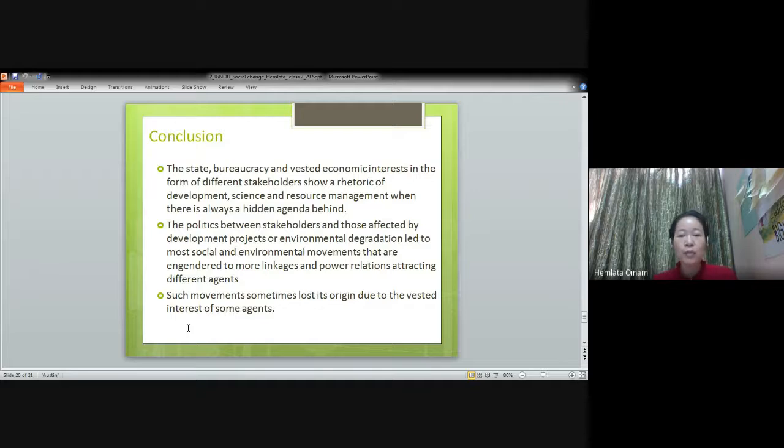The politics between these stakeholders and those affected by development projects or environmental degradation led to most social and environmental movements, which are again engendered into more linkages and power relations, attracting different agents at national and international levels, sometimes diverting the root cause of environmental problems and issues. Such movements sometimes lose their own origin due to the vested interest of these agents.